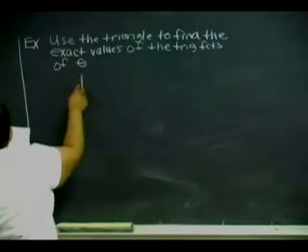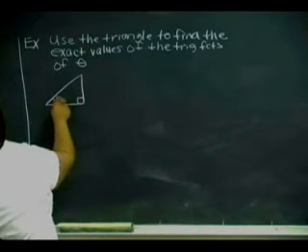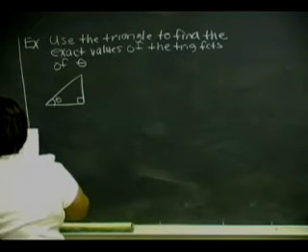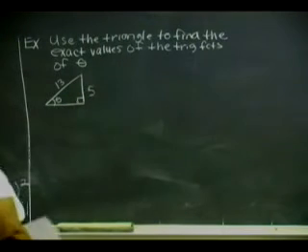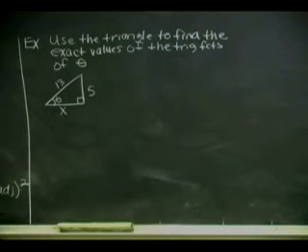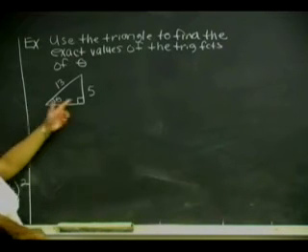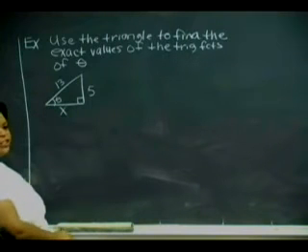So we have a right triangle. This is our angle theta. They tell us that the hypotenuse is 13 and the opposite side is 5. We don't know what that adjacent side is. We'll call it x. So they want us to find the 6 trigonometric functions based on what we see in this triangle. So we have opposite, we have hypotenuse, and we need adjacent. How do we find the adjacent side?